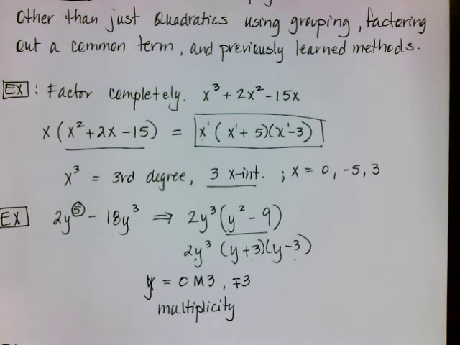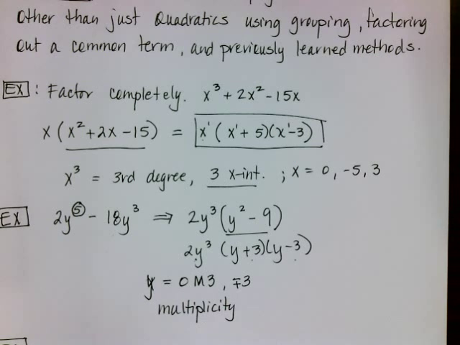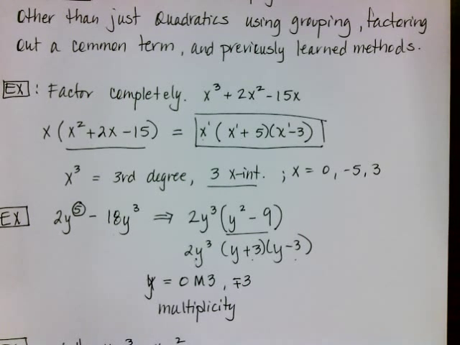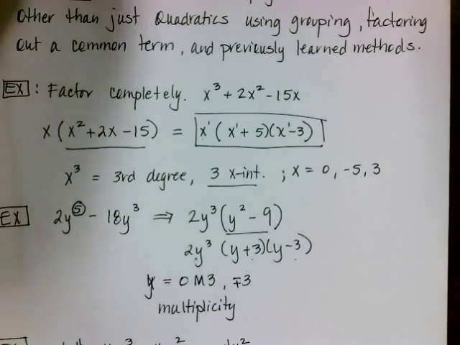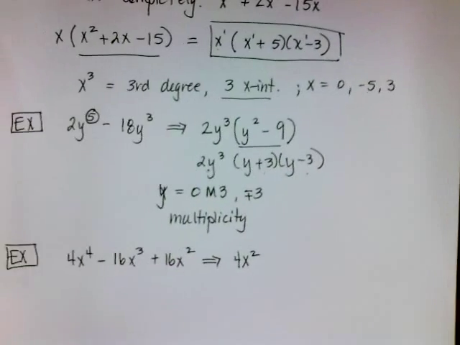Next example. So just a bunch of different examples today. If I have 4x to the 4th minus 16x cubed plus 16x squared, I want to take out what they all have in common. They all have in common a 4 and an x squared. Oops, I guess you can't see that, can you? Now you can.